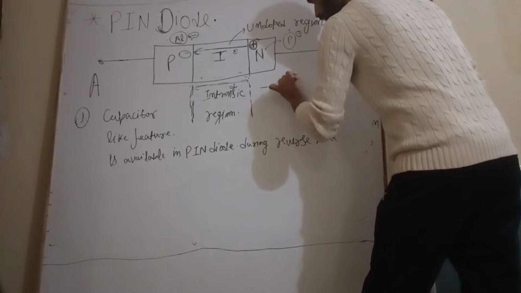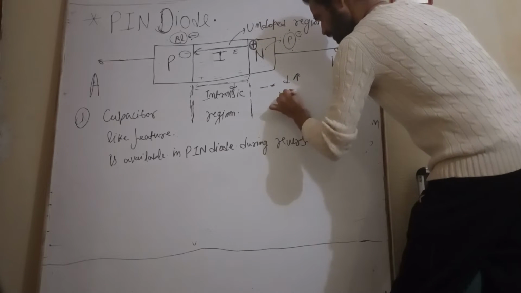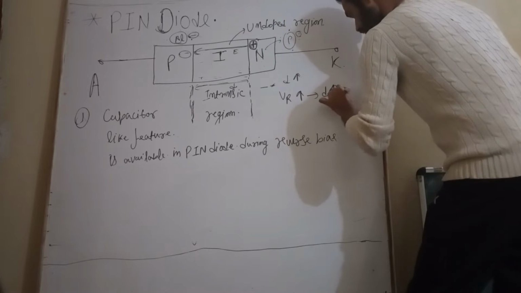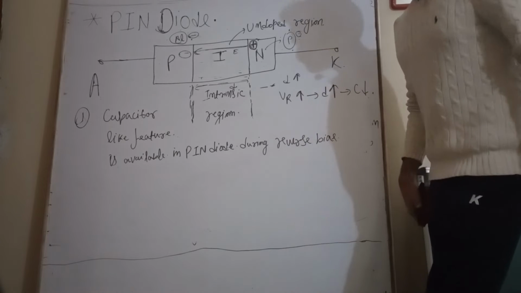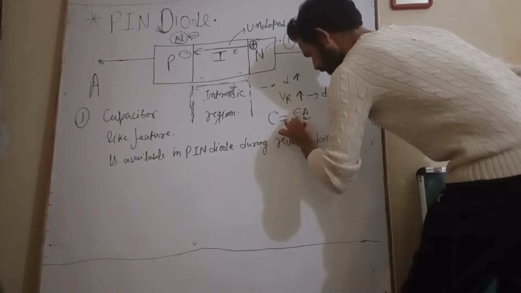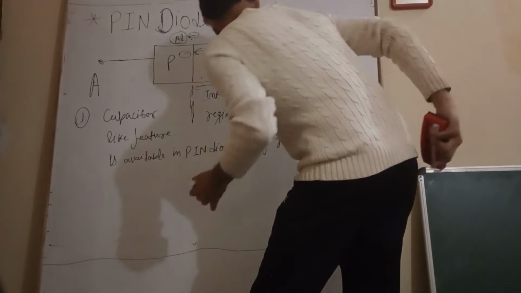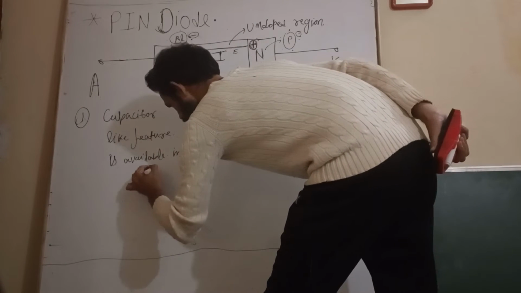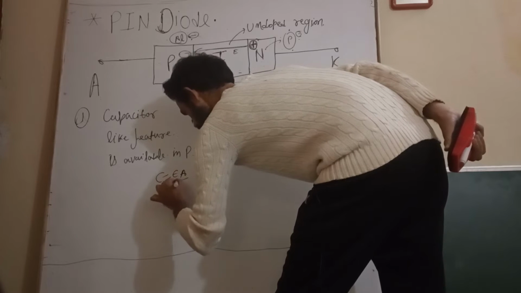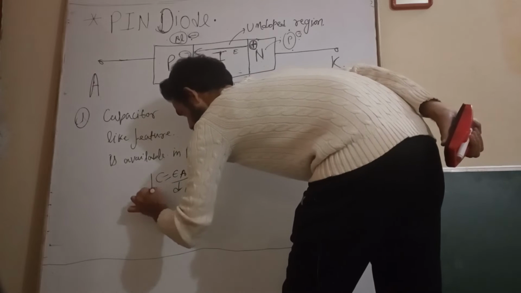So if the reverse bias voltage increases, it implies the distance increases. Distance increase means capacitance decreases, because as we know very well, C is equal to epsilon A by D. If D increases, C decreases.